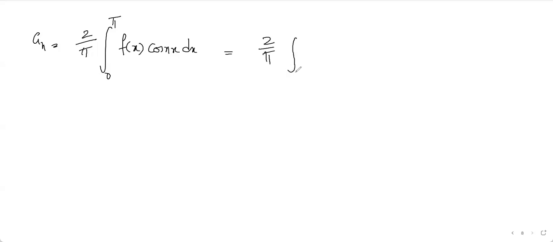Further, let us find what a n is here. This is 2 by pi integral 0 to pi f of x cos nx dx. So this is 2 by pi integral 0 to pi, f of x is root of 1 minus cos x, cos nx dx.